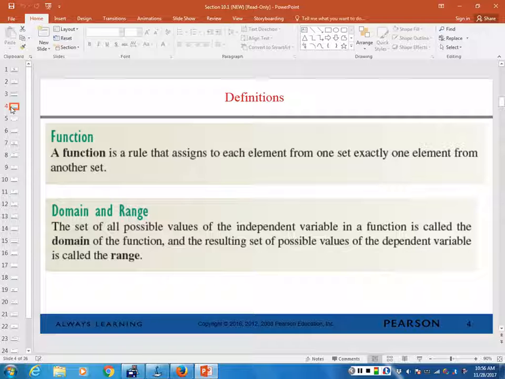Sometimes the easiest way to keep these straight in your head: the independent variable is a number you put in to the equation, and the dependent variable is the number that comes out of solving that equation once you plug that number in.